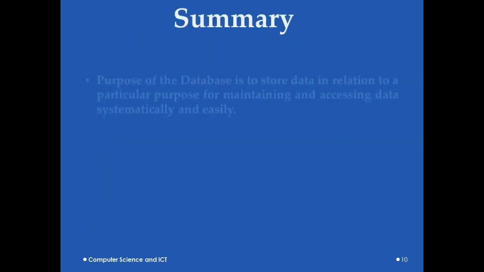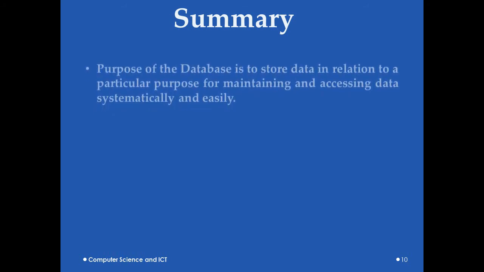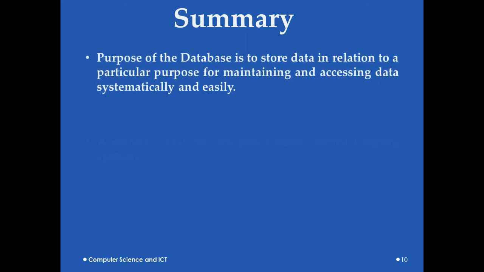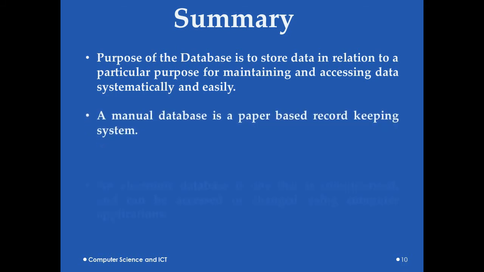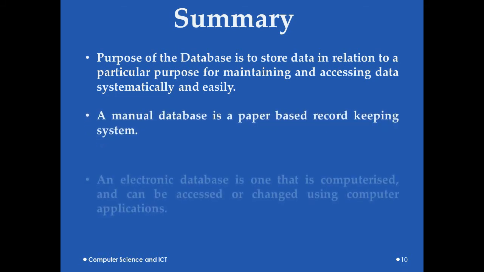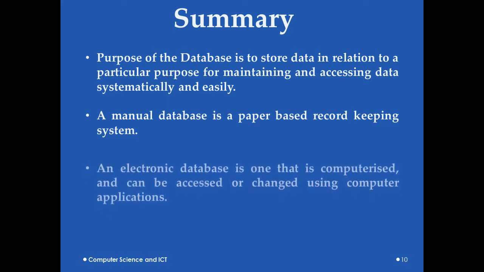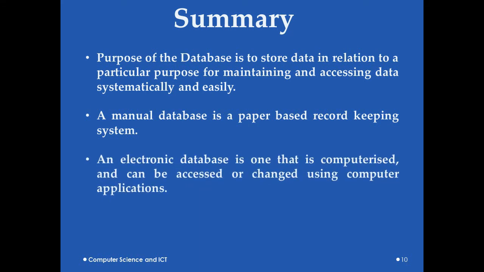Yes, so throughout this lesson we learned what is a database. It was a small introduction about a database, and we compared the manual and electronic database. I have listed down the main points for summary. The purpose of the database is to store data in relation to a particular purpose for maintaining and accessing data systematically and easily.